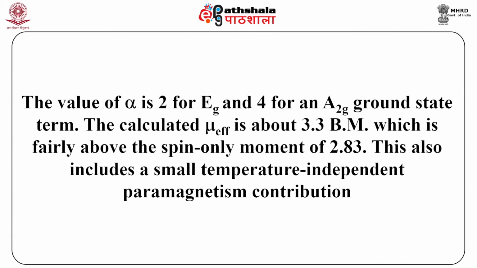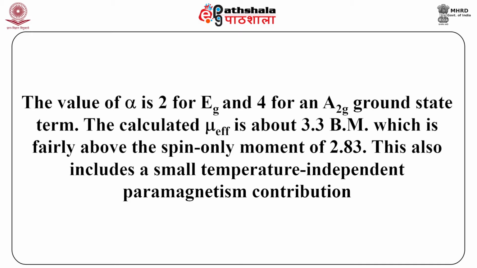The value of alpha is 2 for an Eg ground state term and 4 for an A2g ground state term. The calculated mu effective is about 3.3 Bohr magneton, which is fairly above the spin only magnetic moment of 2.83.